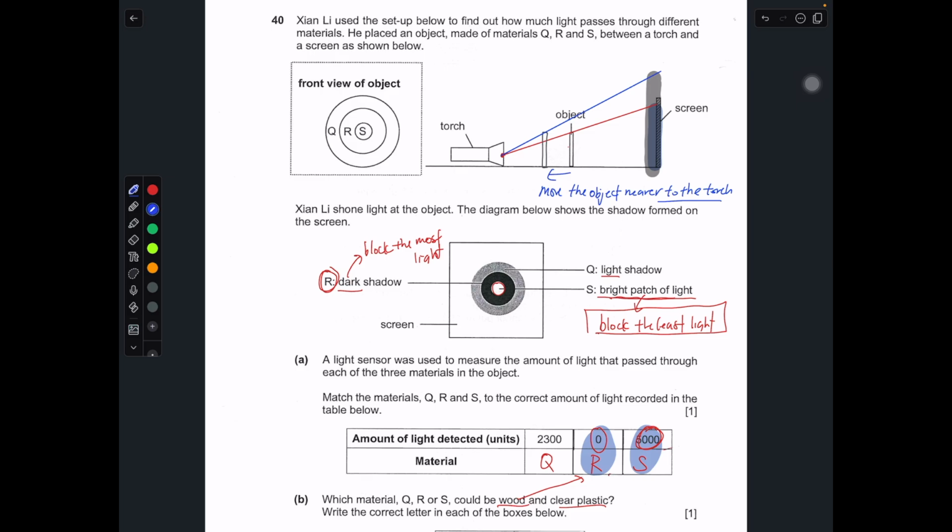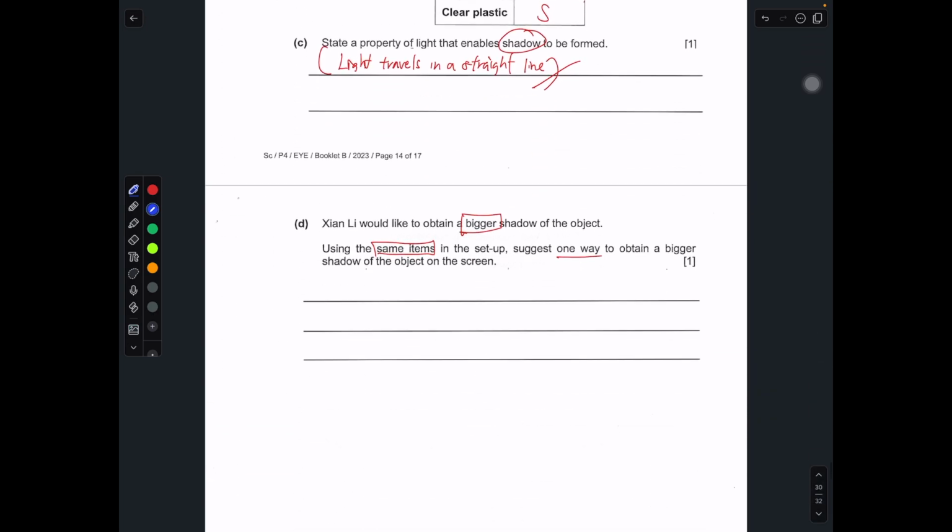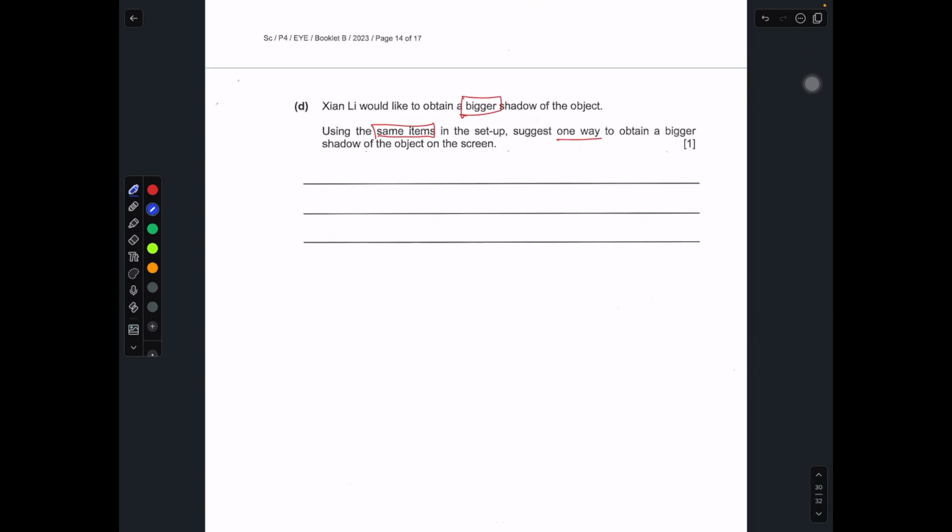Or you can say move the torch nearer to the object. Either will be fine. So over here, there will be a few answers. Number one, move the object nearer to the light source.